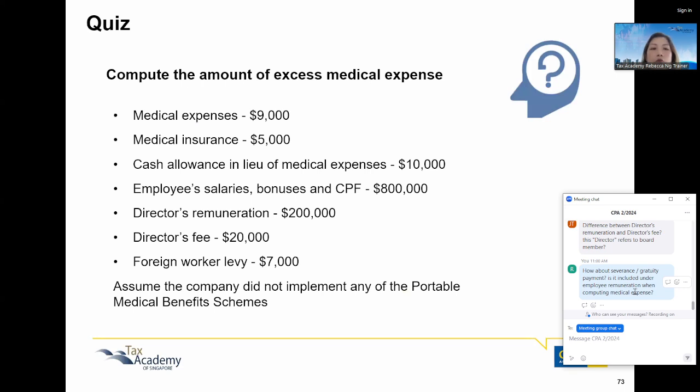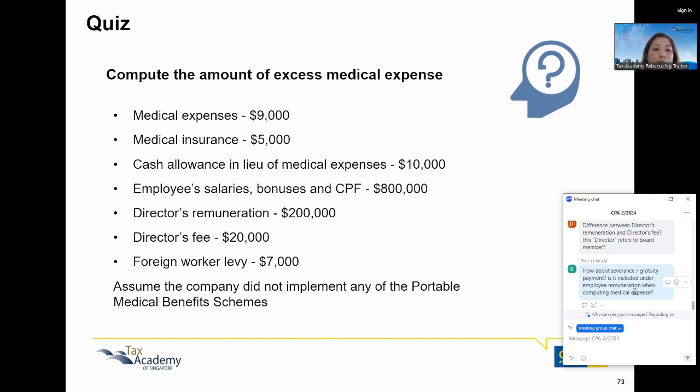Let's do a quiz and a short poll to test your understanding on excess medical expenses. We have medical expenses of 9,000, medical insurance of 5,000, cash allowance in lieu of medical expenses of 10,000, employee salary, bonus, CPF 800,000, director remuneration 200,000, director fee 20,000, foreign worker levy 7,000.